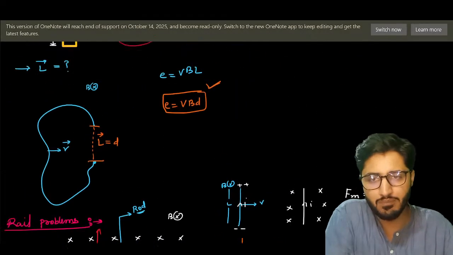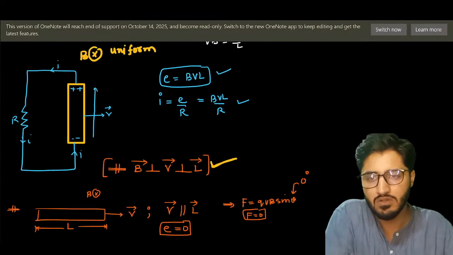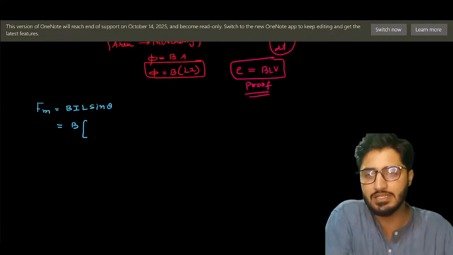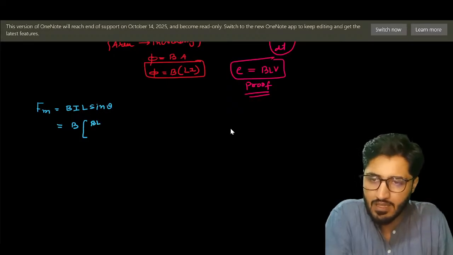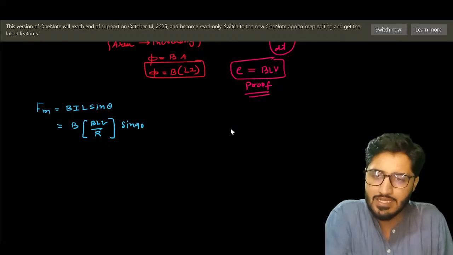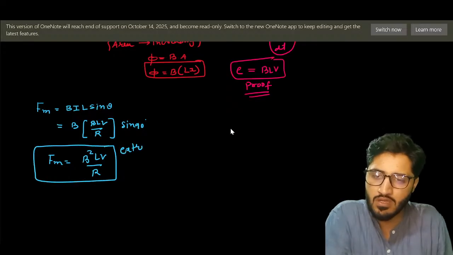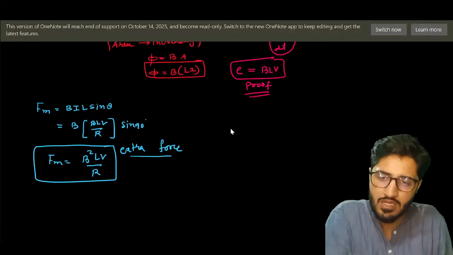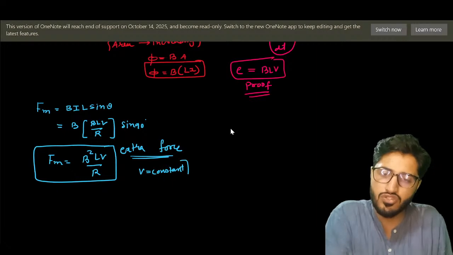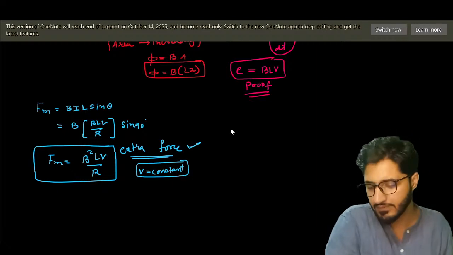I have given you the value of induced current: I is BLV by R. And the angle is 90 degrees, and sine 90 is 1. I can write Fm came out to be B square L V by R. So this should be your extra force. If you need the velocity to be constant, this is the extra force that you need to apply.